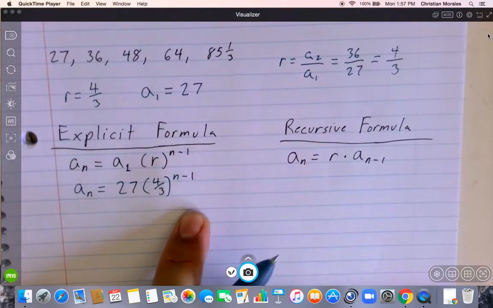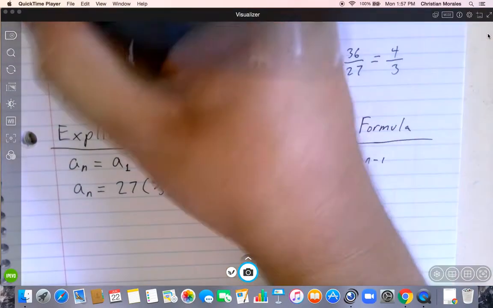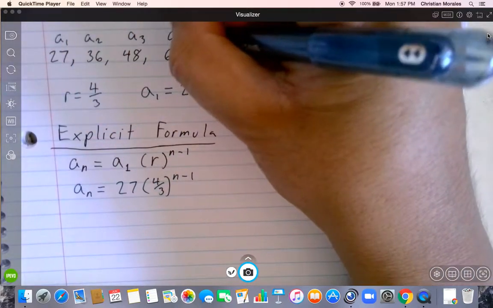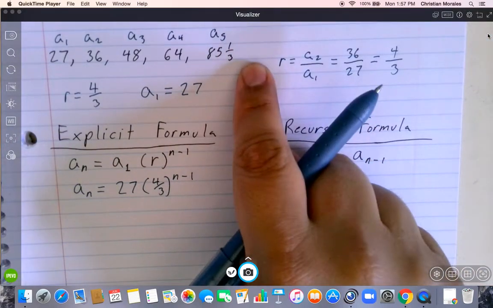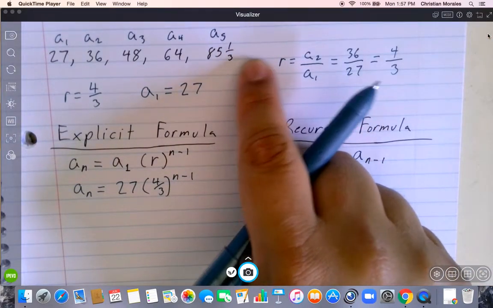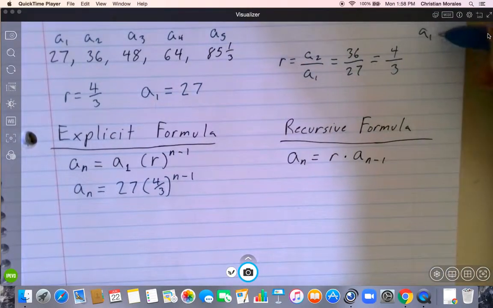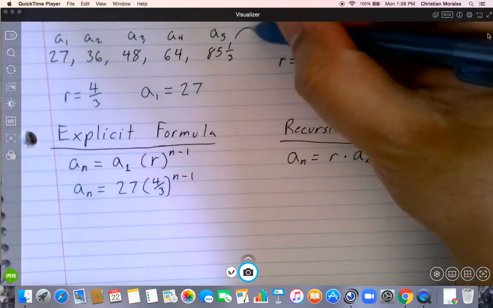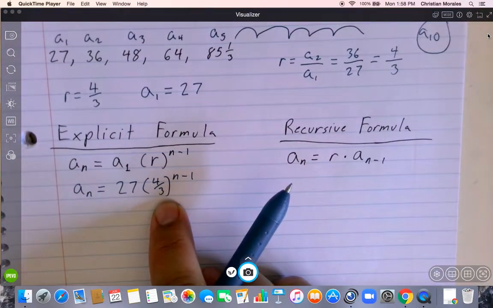And this is my favorite formula because right now you have what terms? You have 1, 2, 3, 4, and 5. You have 5 terms in the sequence. Let's say you want to get to the 10th term, right? Well, you can keep multiplying 5 more times and keep going down, or you can just use the formula, okay?